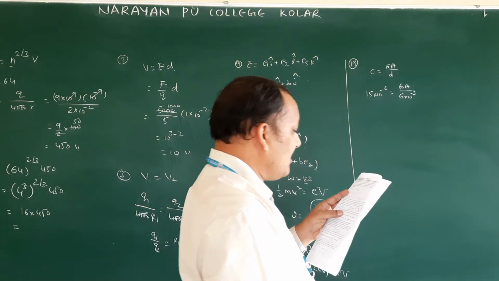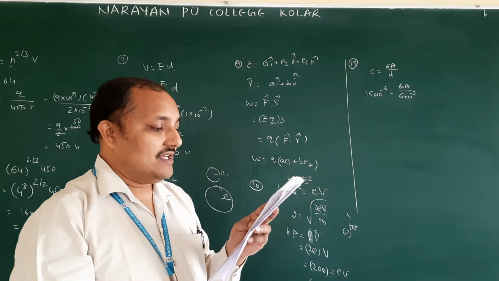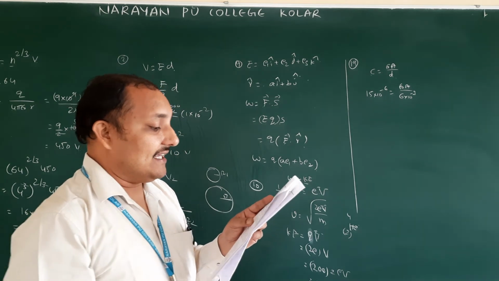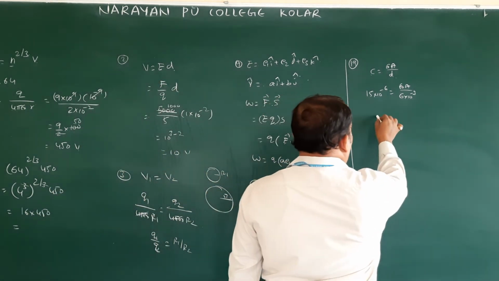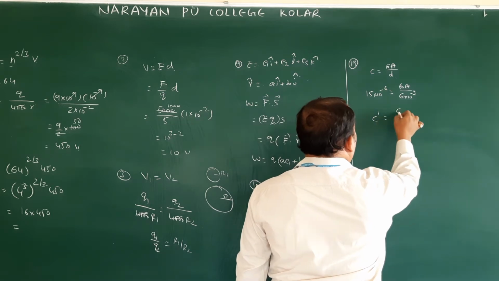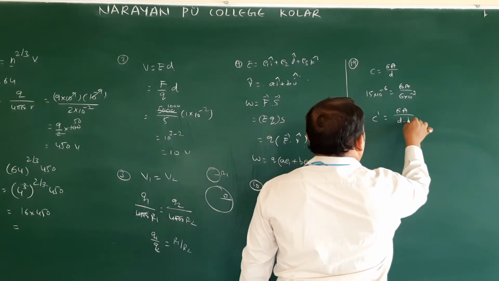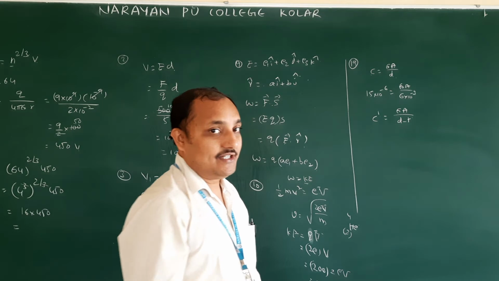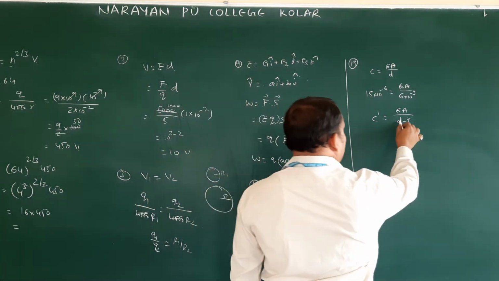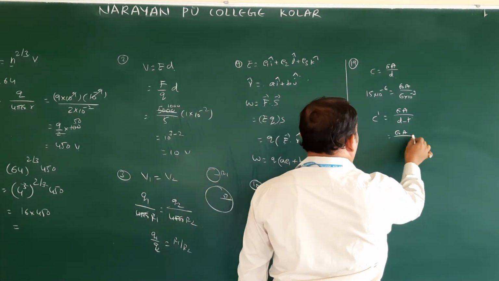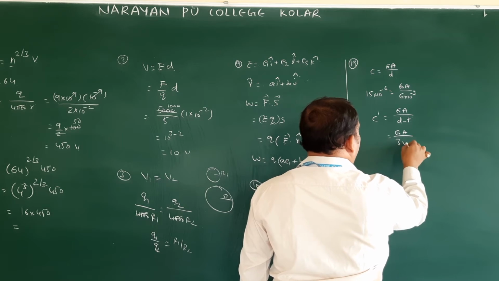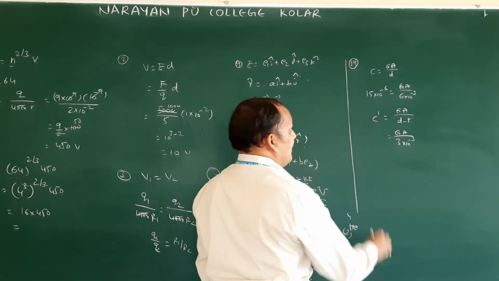Next, a copper plate of 3 mm thickness is introduced symmetrically between the plates. The capacitance now becomes? Copper plate introduced means C dash equals epsilon naught A by d minus t. They introduce only 3 mm, therefore 6 minus 3, you will get epsilon naught A by 3 mm, 3 into 10 power minus 3.